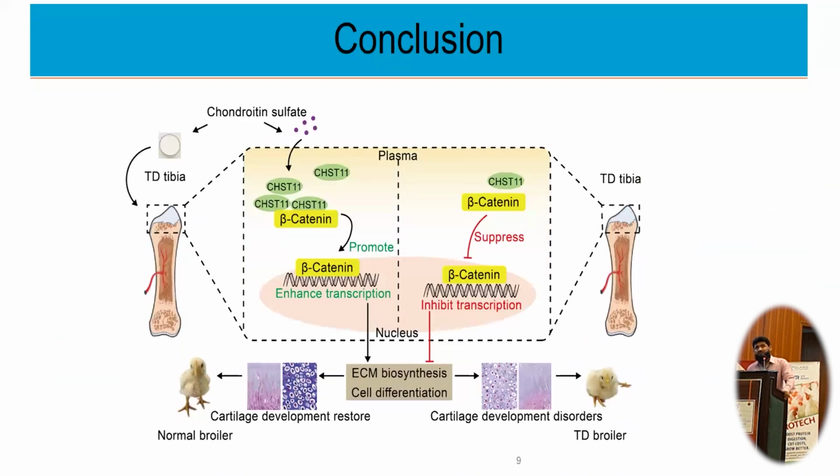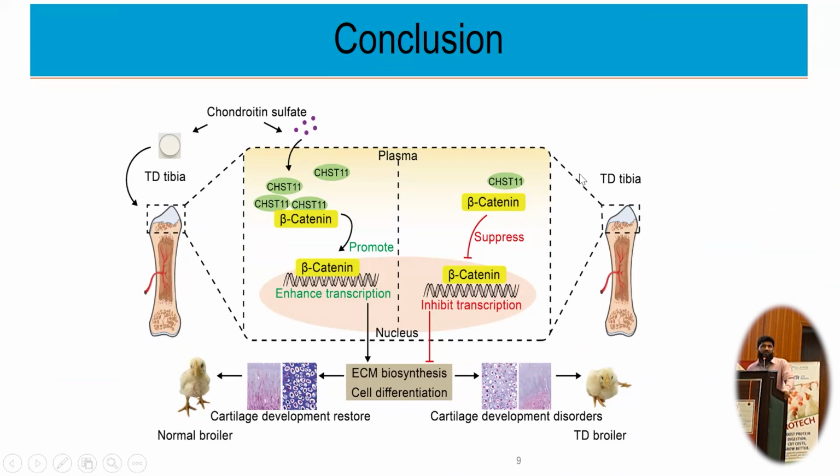The conclusion of this study: we can say tibial dyschondroplasia, which is caused by a serum or metabolic disorder, affects the expression of CST11 along with the protein expression of beta-catenin.